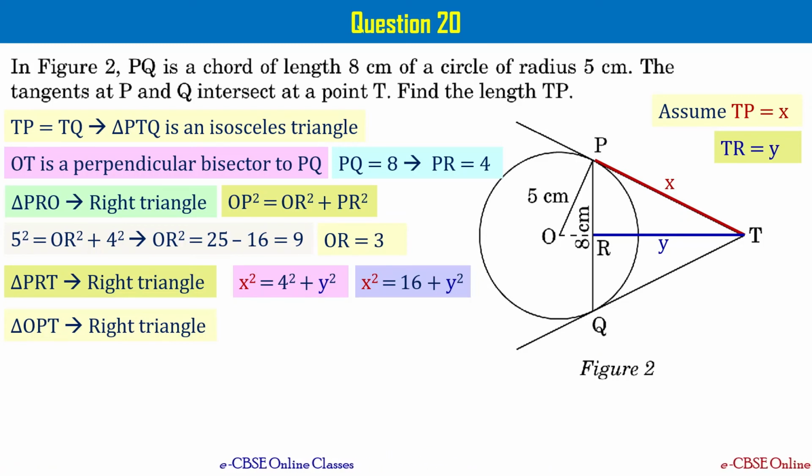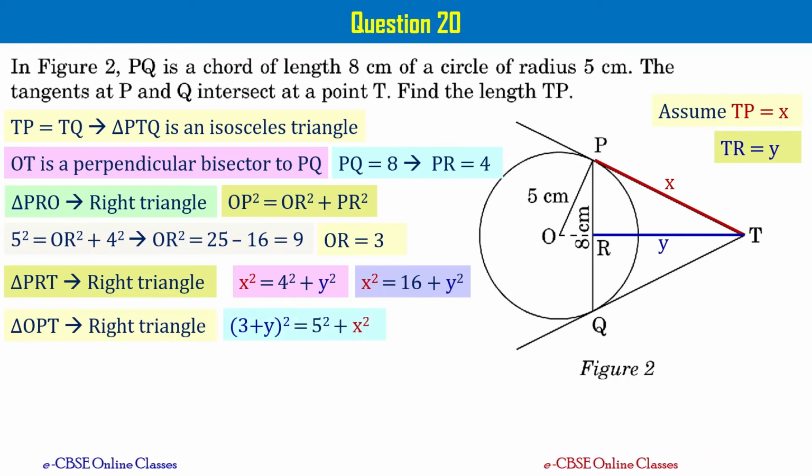If OPT is a right triangle, we can apply the Pythagoras theorem to it. So OT, that is the hypotenuse, has length 3 plus y. So (3 plus y) whole square equals 5 square, that is OP square, plus PT square, that is X square.